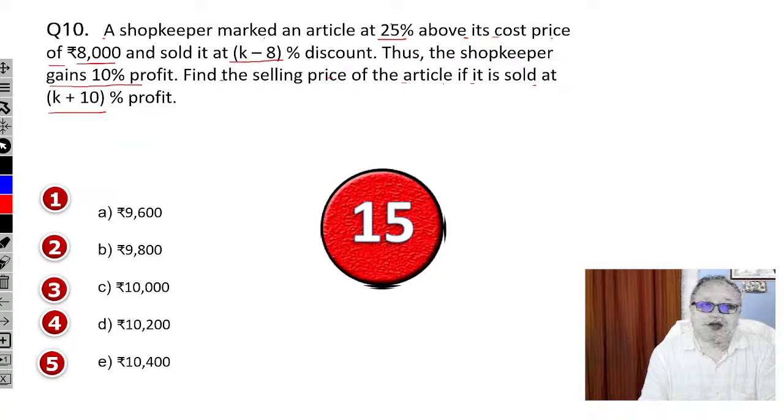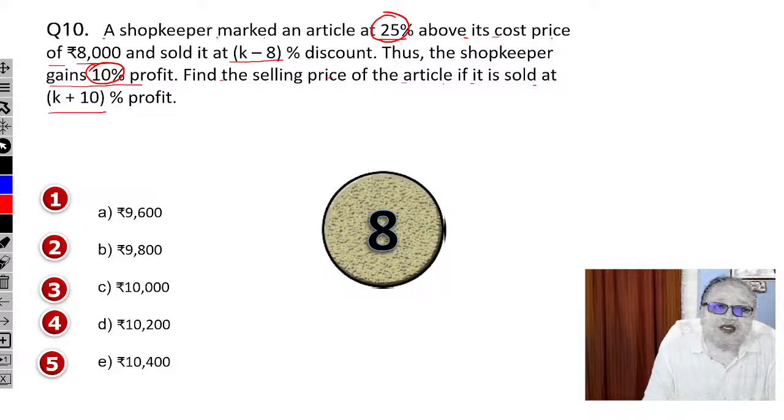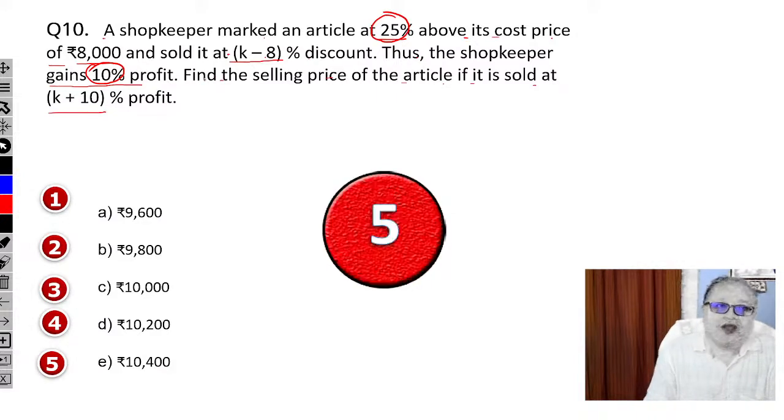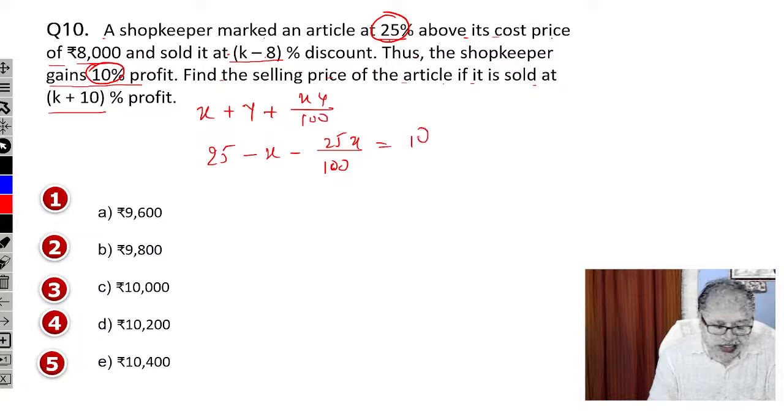How to answer it? Markup price 25% and the profit 10%. I will get the discount percentage, which is k minus 8. How do I get the discount percentage? By using the x plus y plus xy by 100 formula. Here it is increased by 25% and the discount given is, suppose, x, and minus 25x by 100 is equal to the profit percentage, which is given as 10.